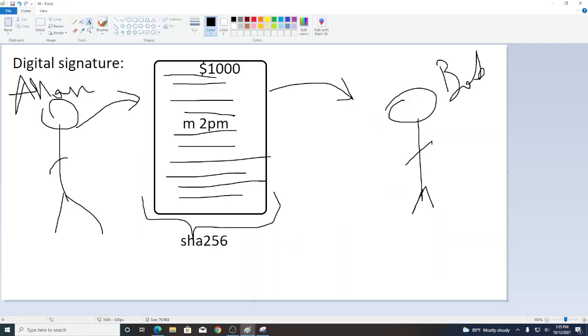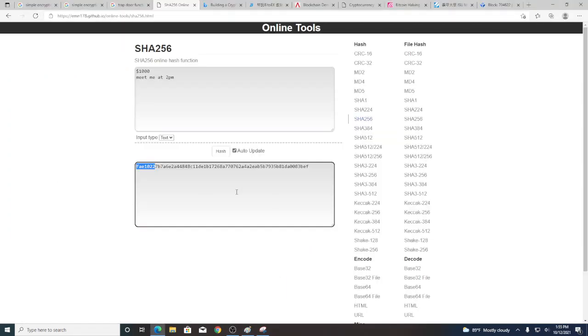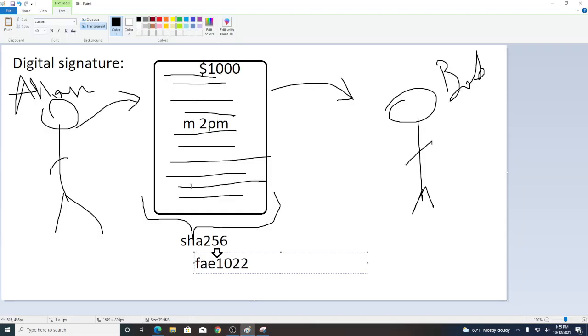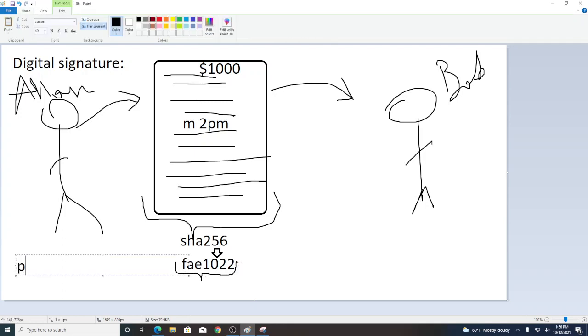So the hash will give me, let me just use the arrow, 1022. This is the hash, and remember about encryption, I'm also going to encrypt the hash using my private key.